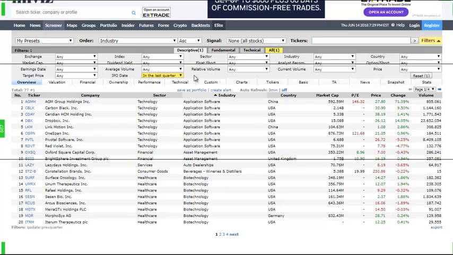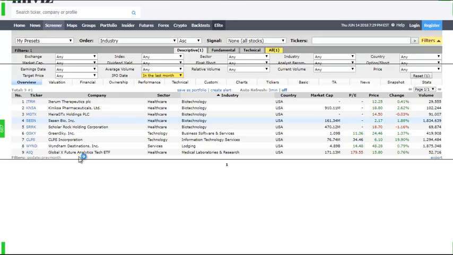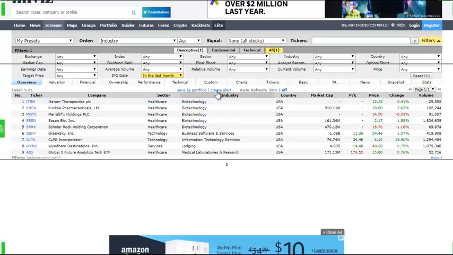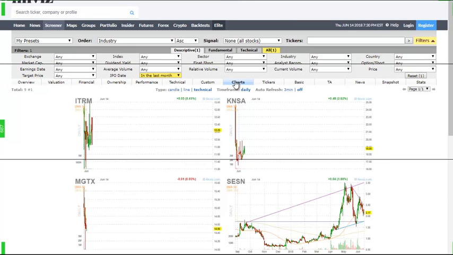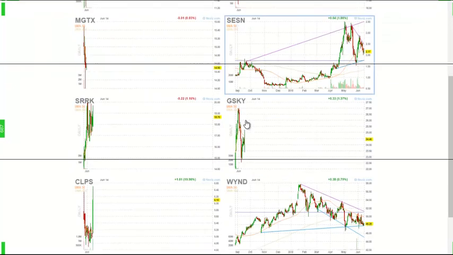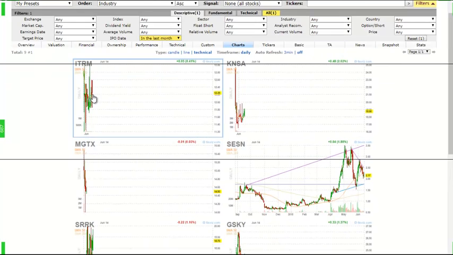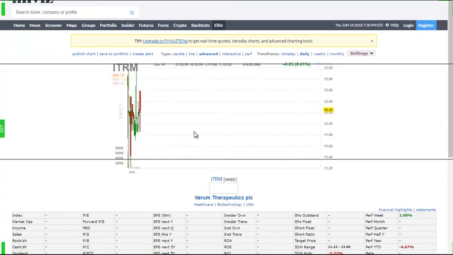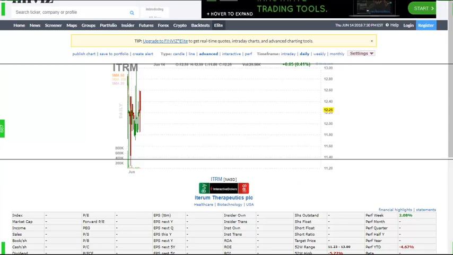I also messed around with the last month. It really tightens it up. Then we go to charts, and you could see these are the last month, so you could see some good consolidation. ITRM looks actually quite good. Therapeutics, healthcare, biotech. Just a consolidation.